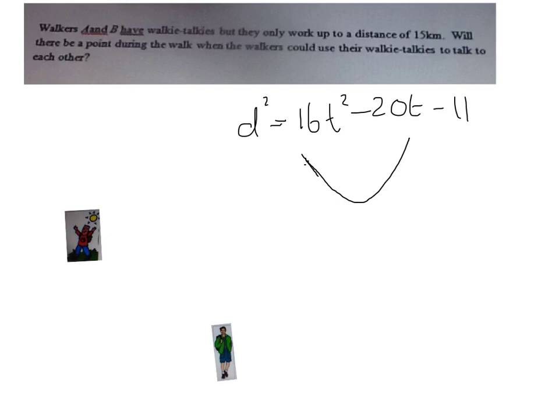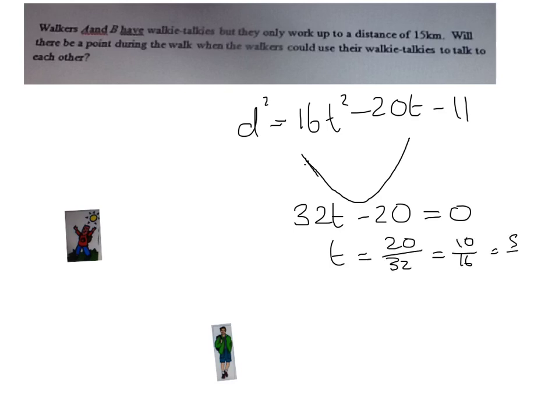So I'm going to differentiate this function, so I get 32t minus 20, and then I will make the gradient, the derivative, equal to 0. Then I can solve this. 5 over 8. So time 5 over 8 is when they are going to be as close together as they ever possibly get.